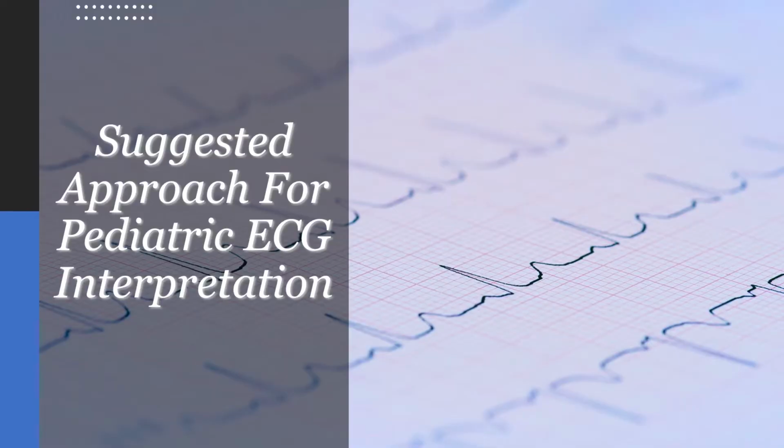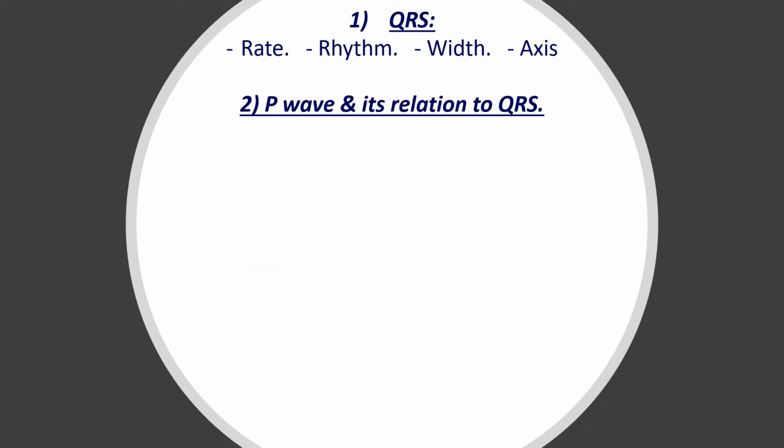Let's go through the suggested approach that we've talked about before when it comes to interpreting pediatric ECGs. So exactly the same as the adult one. You should start looking at the QRS complex and assess the rate, the rhythm, the width, and the axis. Then you move on to the P waves and its relation to the QRS.